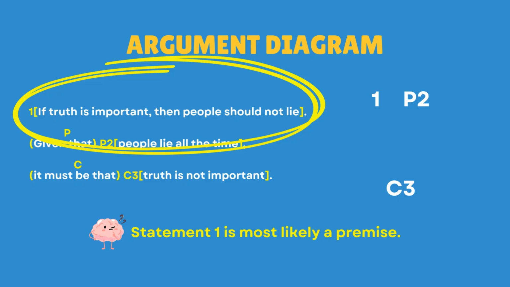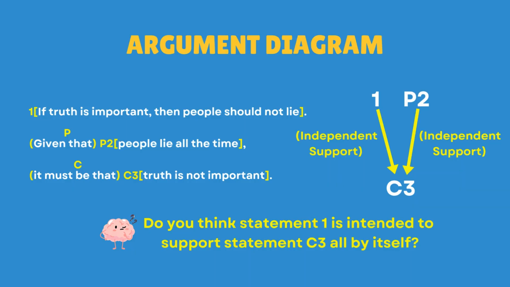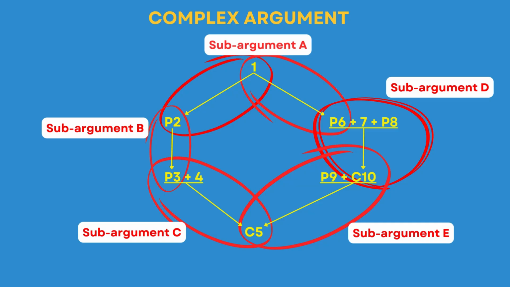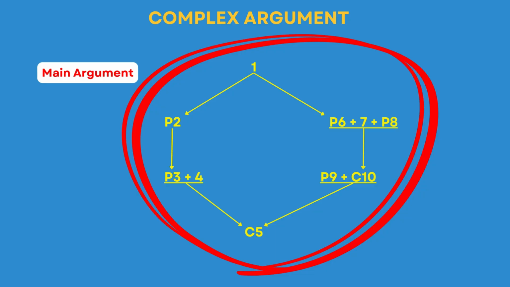And now the question is, do we think the author intended statement 1 as a premise to work with statement P2 to support the conclusion C3, or to support the conclusion all by itself, in which case statement P2 would also be supporting the conclusion C3 all by itself? In the first case, our diagram would have statements P1 and P2 working together, which would be presented by a plus sign between the two statement labels and an underline, with a single arrow starting from the middle of the underline, pointing to the conclusion.